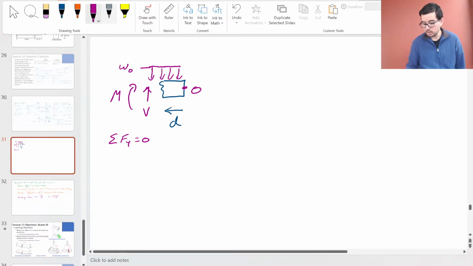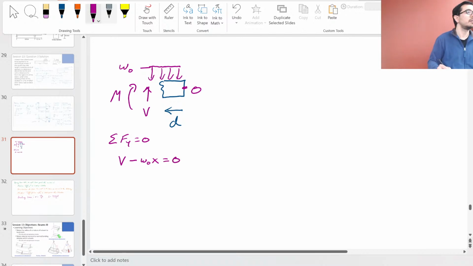Well, maybe I should do it this way. V minus what is equal to 0? Oh yeah, sorry, it's D, yes. Okay, so that is the expression that we have for the shear force, right?